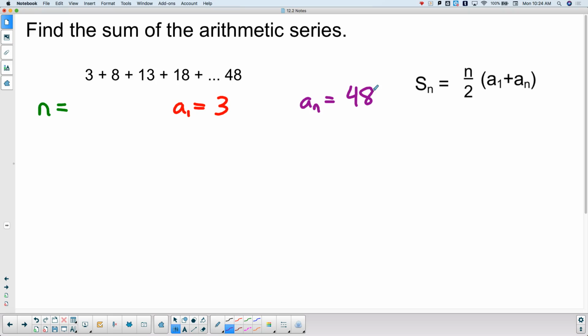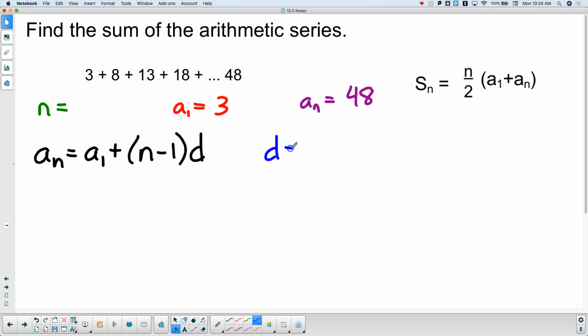How many total number of terms do we have? Don't know, do we? Okay? We don't know. Okay? It's not 5 because of that ... in the middle. Okay? So, let's go with what we know. We know that a sub n is equal to a sub 1 plus n minus 1 times d. Right? Do I know what d is? Do I know what my common difference is? What is it, Sophia?